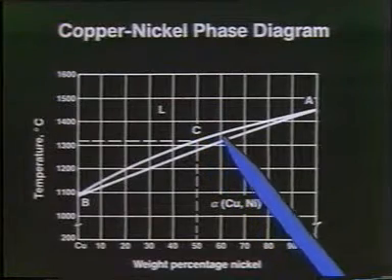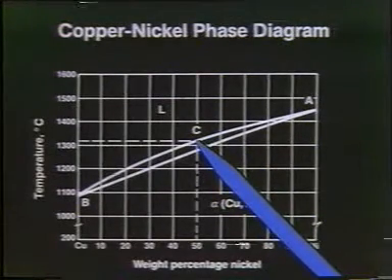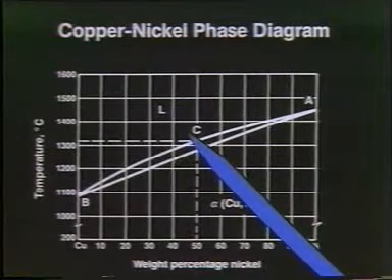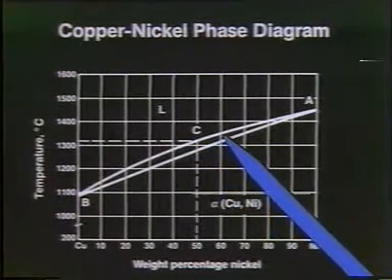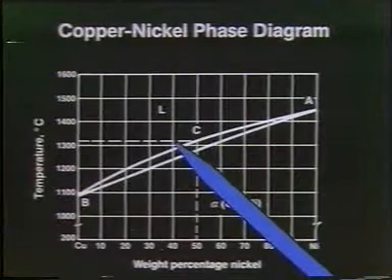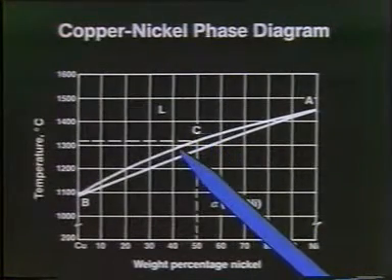And we just draw over here and we find that's the composition of the solid. And so this is the composition of the bucket of material that we have to start with. But it's going to start solidifying something that's over here. If we drop the temperature a little bit lower, then the solid is going to be this solid. It will come down. And the liquid will be down here.